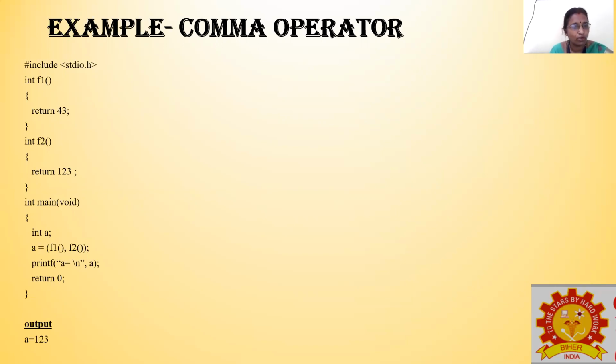When we enter the main program, int a is an integer variable, a = (f1(), f2()). So what will happen? First it will call f1, which returns the value 43. Then it will call the function f2, which returns 123. Next we are printing the value of a. So what will be printed? Yes, the 123 which is returned from the second function will be the output and printed on the screen.